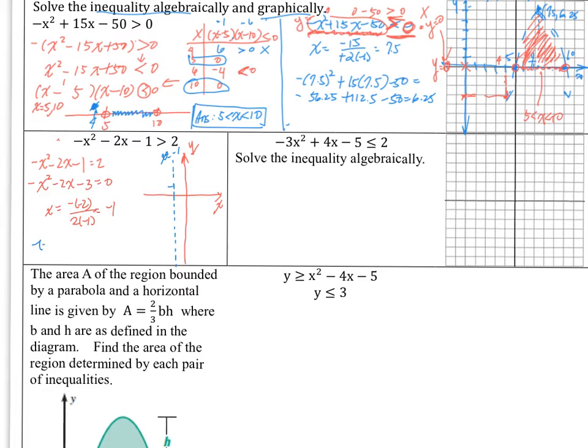If we plug negative 1 in to find the maximum value, we would get negative 2. So our vertex would be at negative 1, negative 2, and our y-intercept would be at negative 3. I'm going to reflect this point, so this would be negative 2, negative 3.